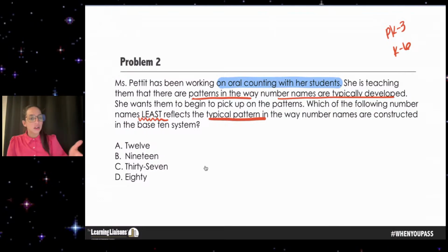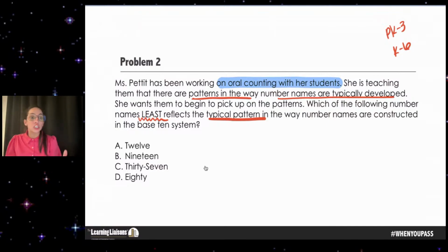So when we think about our number system, we have 1, 2, 3, 4, 5, 6, 7, 8, 9, 10, right? And then we have 11 and 12, which really don't give us any clue as to what that number is. But then we have 13, a 3-teen, 14, a teen with a 4, 15, a teen with a 5, 16, 17, 18, 19. All of those follow that pattern.